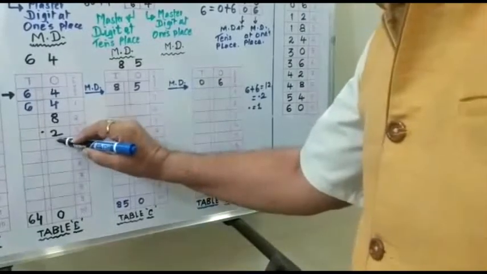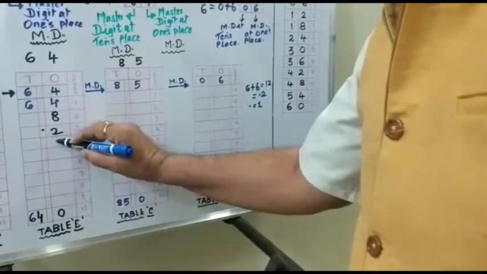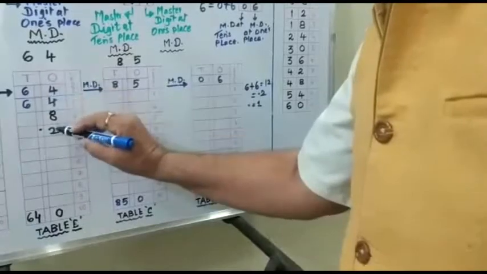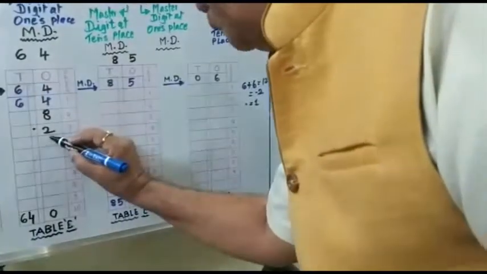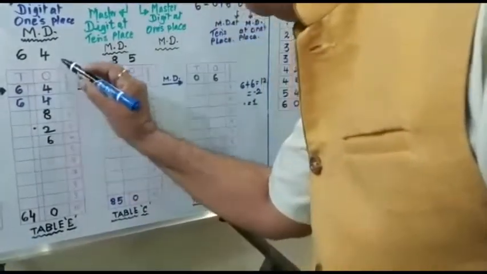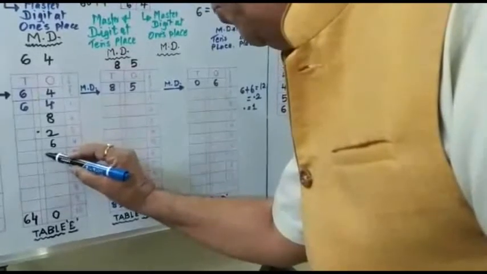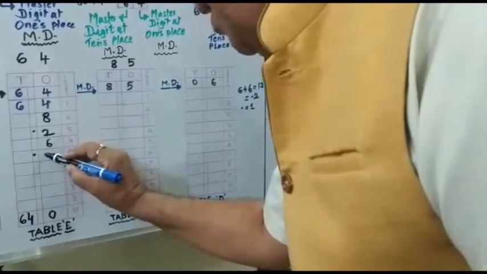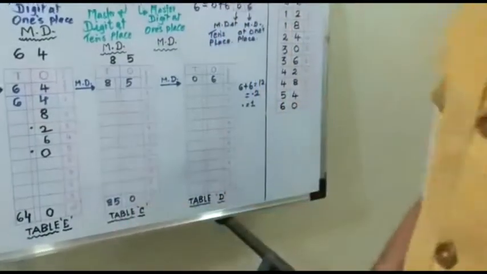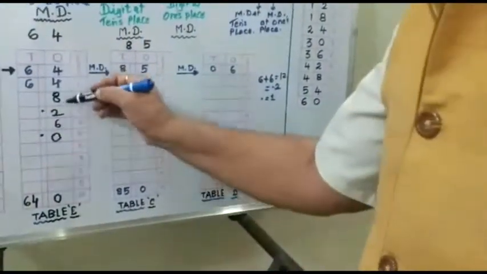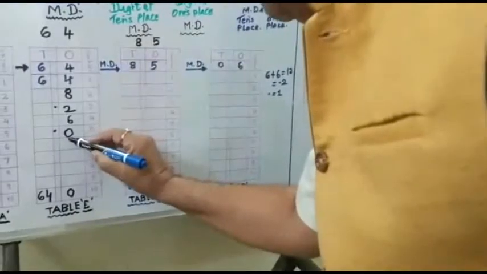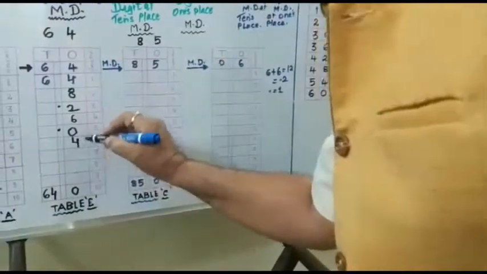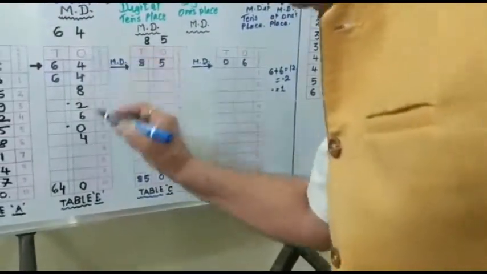Now to get the next number, what you have to do? You have to just add 4 to this 2. 2 plus 4, 6. 6 plus 4, 10. Again a two-digit number. So what we have to do? 10 means dot here for 1 and 0 here. Okay. Now what is the next number? 0 plus 4, 4. Next number 4 plus 4, 8.